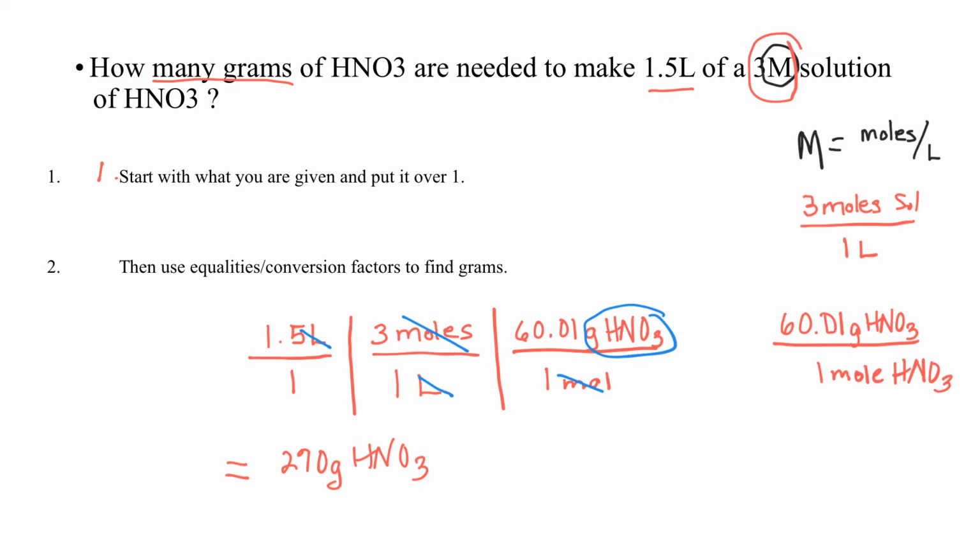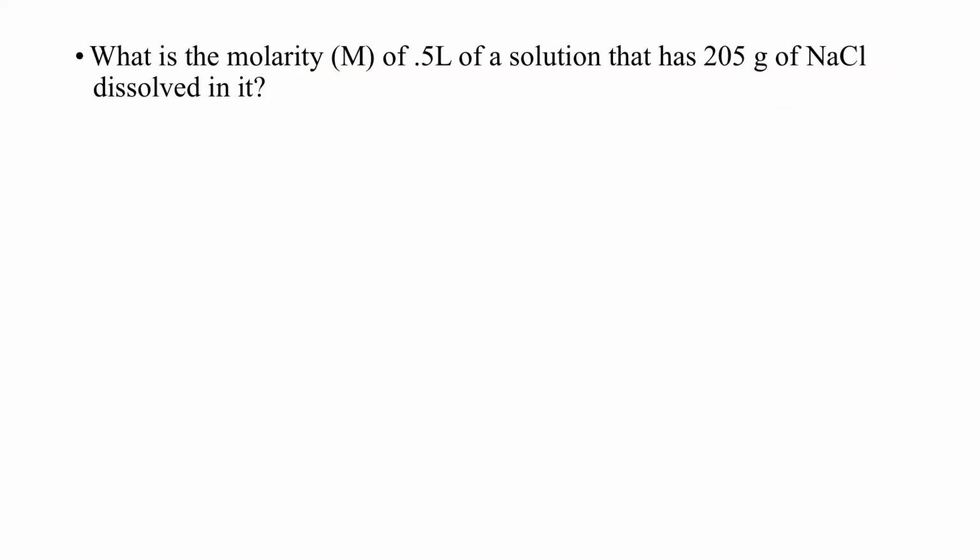Now, this next one is a little bit different. We're still going to use the same thing. We're going to start out putting what we're given over 1. And so this one is asking, what is the molarity? So we need moles per liter, right?